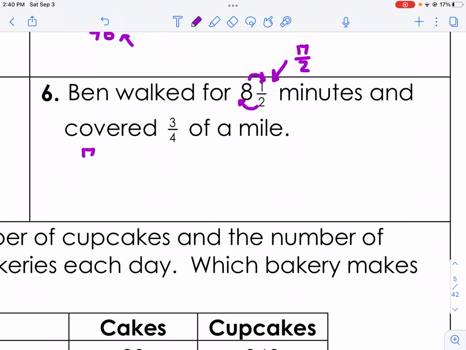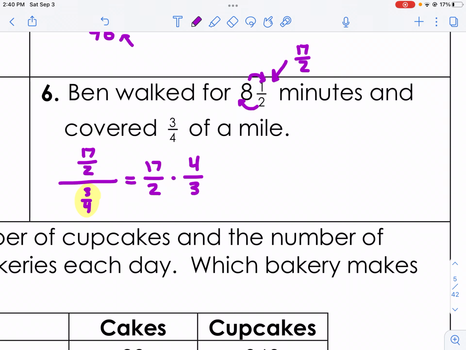We're going to take that top fraction and divide it by the other one. So 17 over 2 divided by 3 over 4. You may have forgotten how to divide fractions, so let me remind you. You take the top one, and then instead of dividing, what we're going to do is we're going to take this bottom fraction and we're going to flip it, but this time we'll multiply.